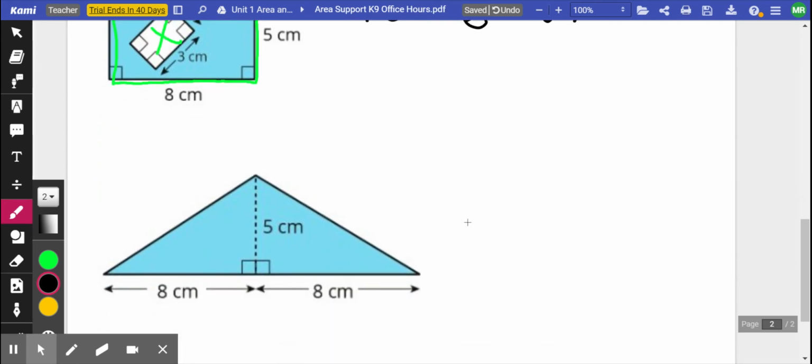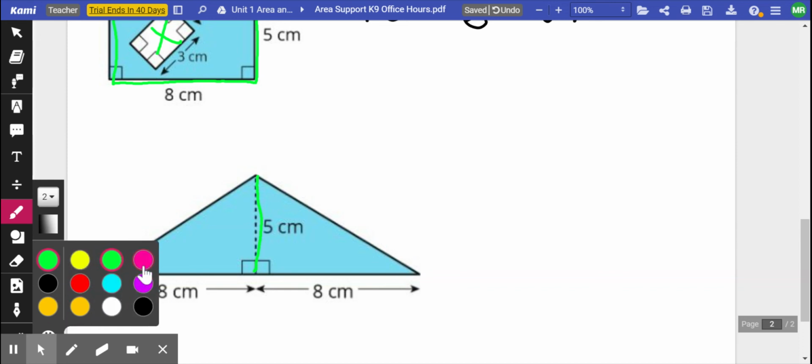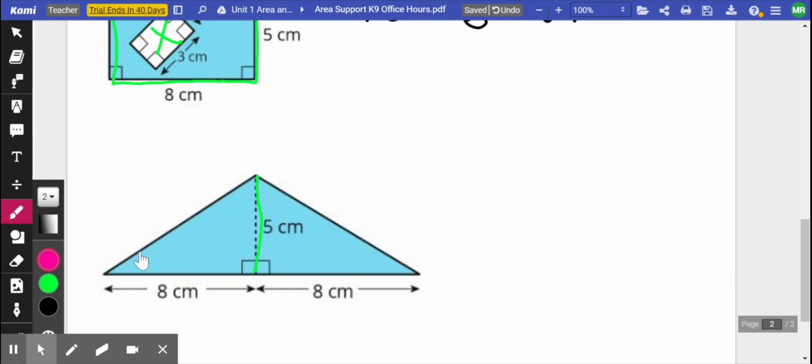And then finally for this one, this is a triangle. We don't yet know the formula for the area of a triangle, but what we can do is decompose this triangle into two smaller triangles, just like that. I notice that both triangles are the exact same shape and size, so if I find the area of one of the triangles, then I know the area of both of the triangles. Now I'm going to enclose one of these triangles in a rectangle, just like that.